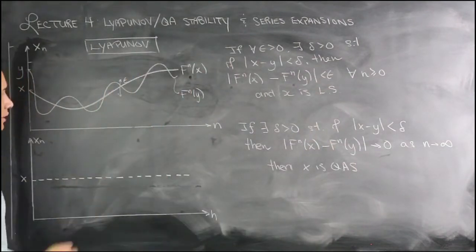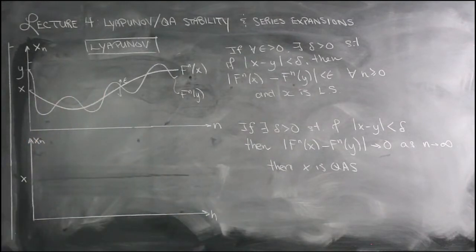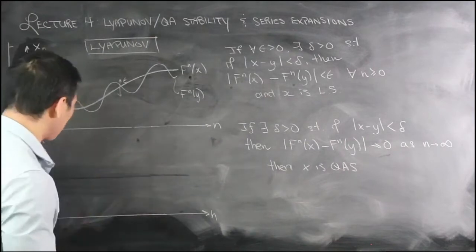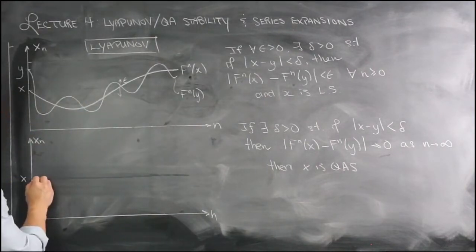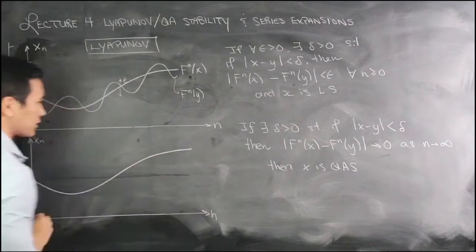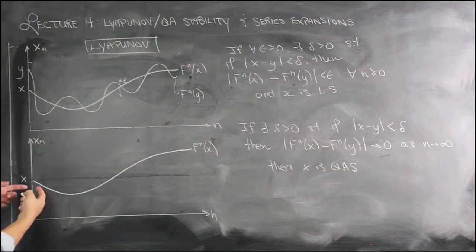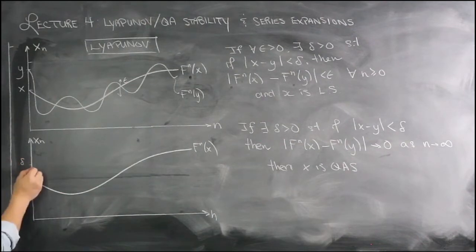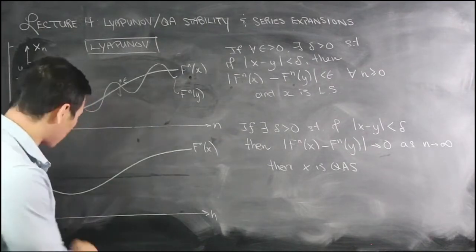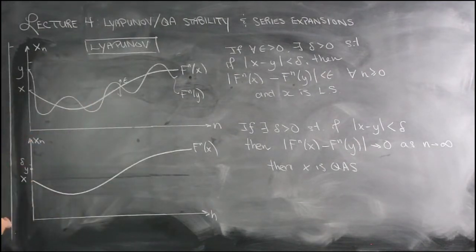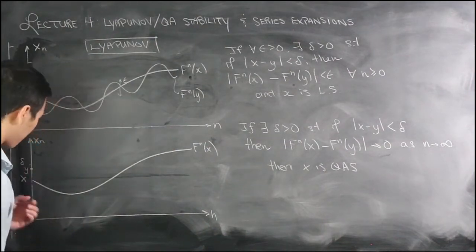Okay, so in terms of our picture, again, I don't want to be misleading and make x into a fixed point here, because the definition doesn't just mean a fixed point x. We're going to take this to be our x, and this is our images, f^n of x. Then you would describe this point x as quasi-asymptotically stable if there exists a delta such that if you take a point within delta of x, by the way, I call this delta rather than delta over 2, but you can call it delta over 2 if you like.